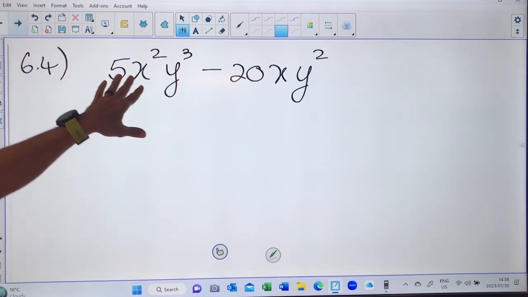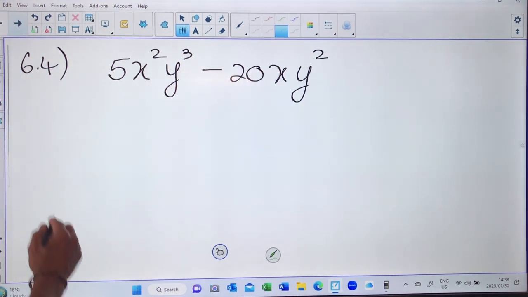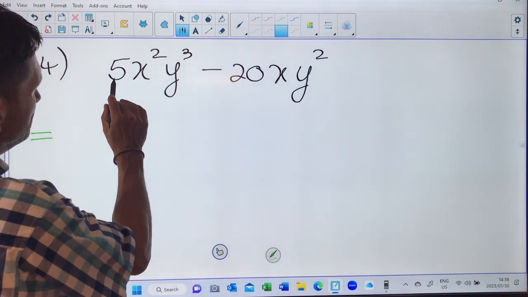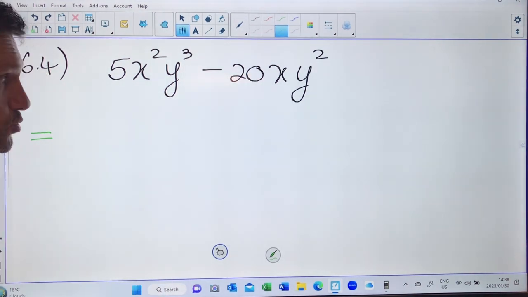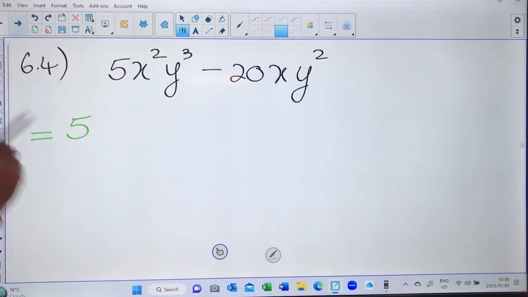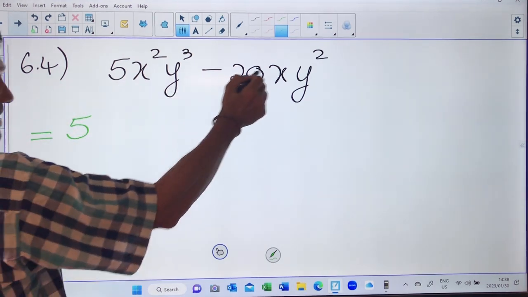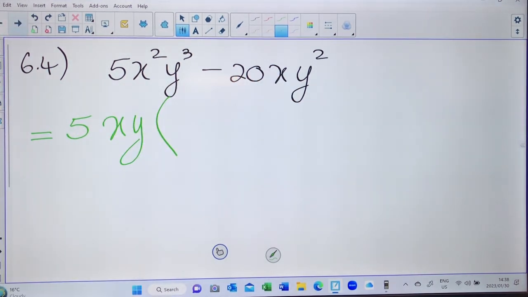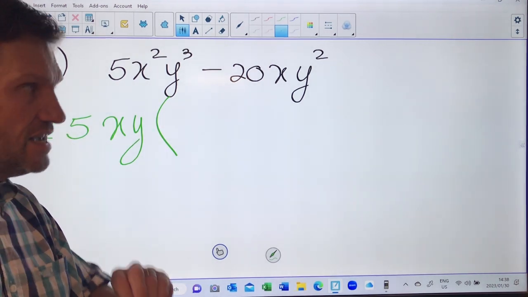This one is more difficult because we're dealing with different powers. So let's just go with the numbers first. What is the biggest number that divides into 5 as well as into 20? And that would be 5. You can see we have an x here and an x here and a y and a y. So xy is definitely going to be my common factor. But here's the key.